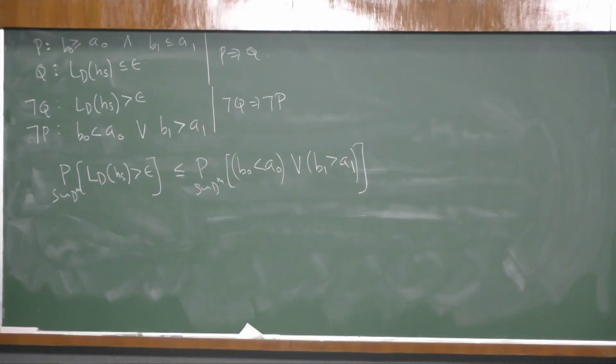If P implies Q, then applying probability, the probability of P will be less than or equal to the probability of Q. So that's what we have done here.